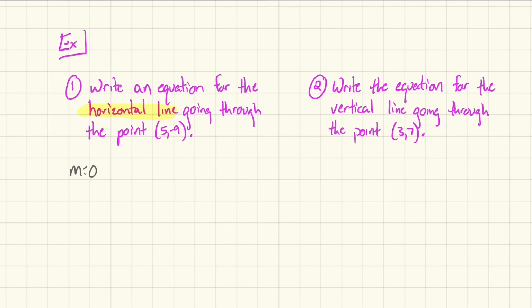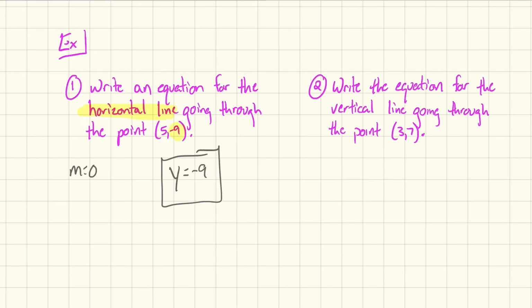And horizontal lines, since they go flat across, are going to cross on my y-axis. So, I take my y value, which is negative 9, and all I have to do to write an equation for that is just say y equals negative 9.